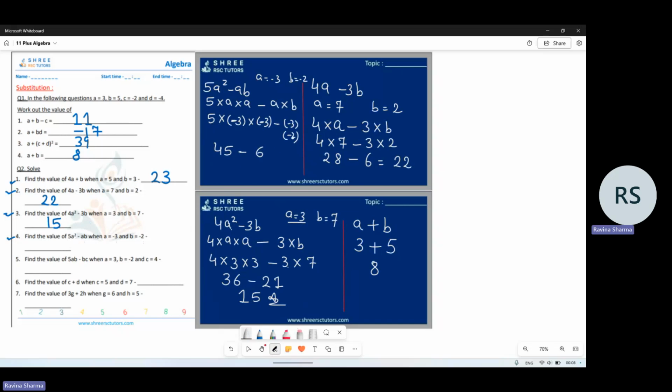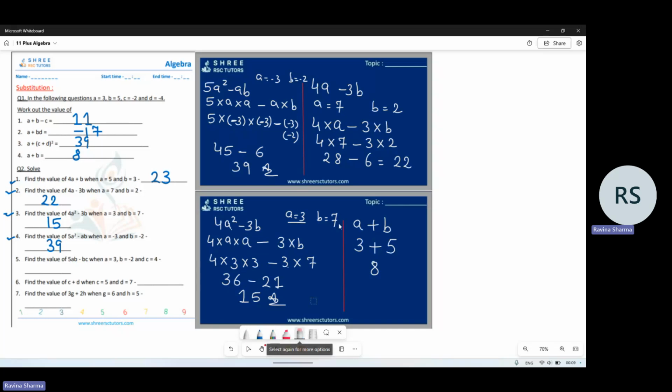Since negative 3 and negative 2 are both negative, it's going to be positive. We don't have to add the addition sign. And since the sign was already negative here, we got 45 minus 6. That's going to be 39. And that's our answer. So we got for this question the answer 39.